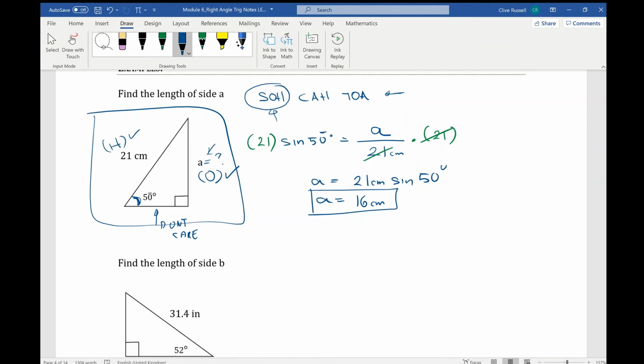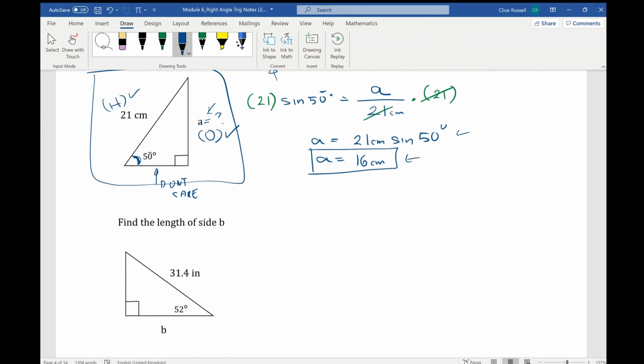So now we are left with the trigonometric ratio, SOHCAHTOA. So I wrote down SOHCAHTOA. Then we labeled what's adjacent, what's hypotenuse, what's opposite, to determine which of these three we're using. All right, and then we use a formula, manipulate, and get a solution.